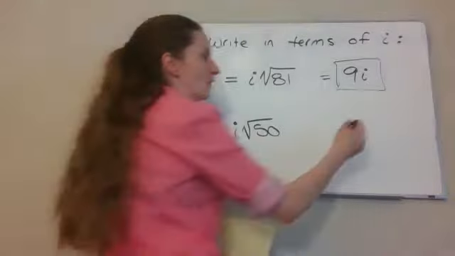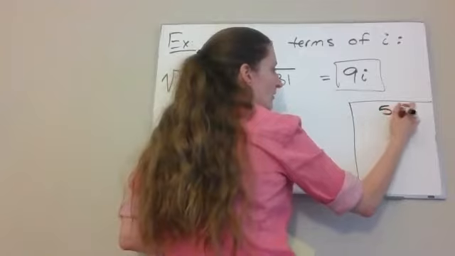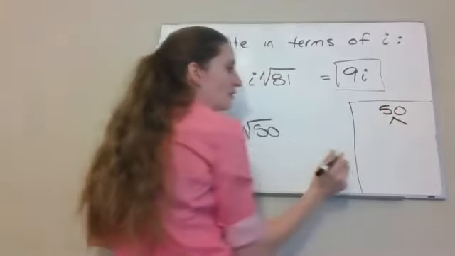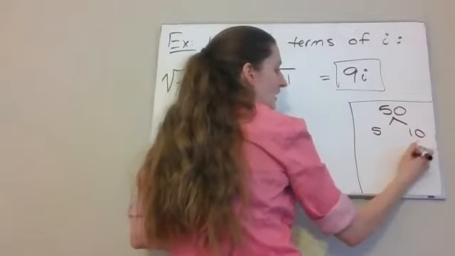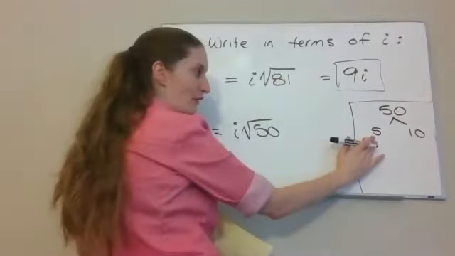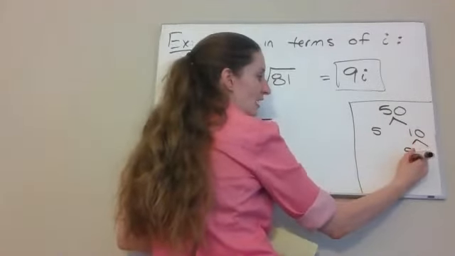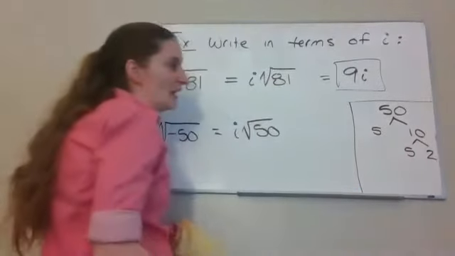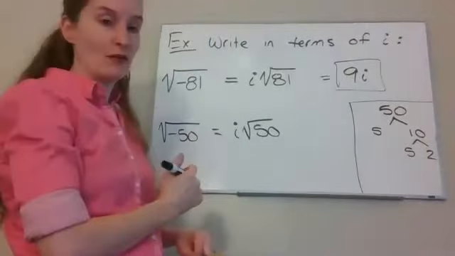My favorite way of doing that is I go on the side and do some scratch work, find two numbers that multiply to 50. So I'll just do 5 and 10. And then I can't break down 5 any further. It would just be 5 and 1. But I can break down 10 into 5 and 2.